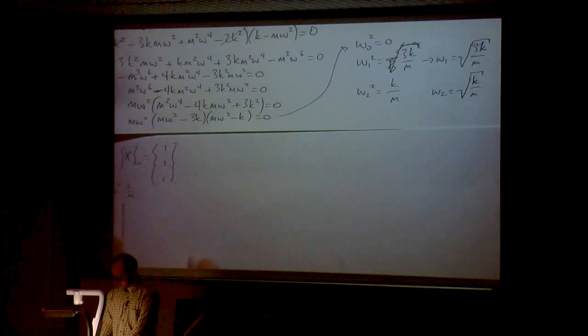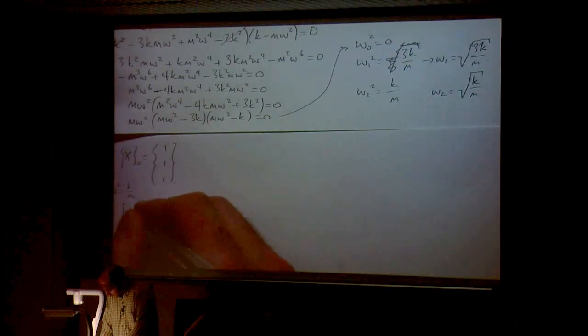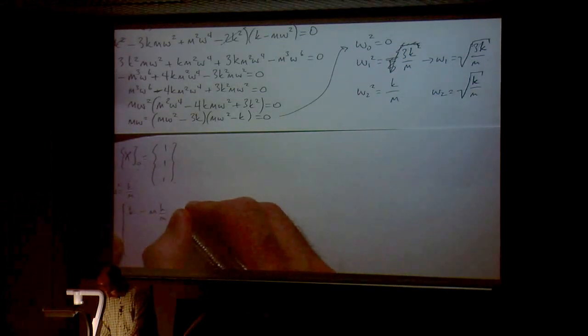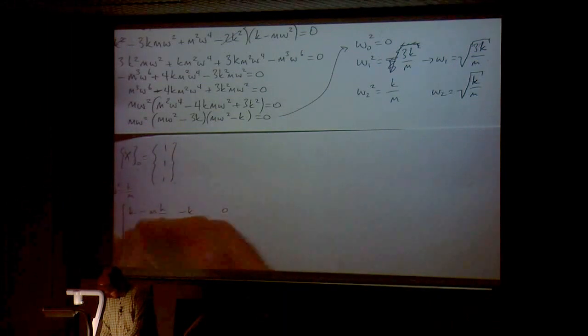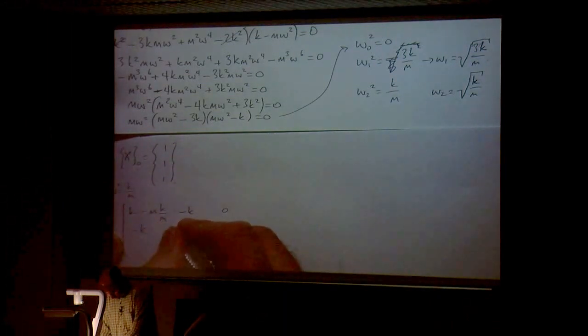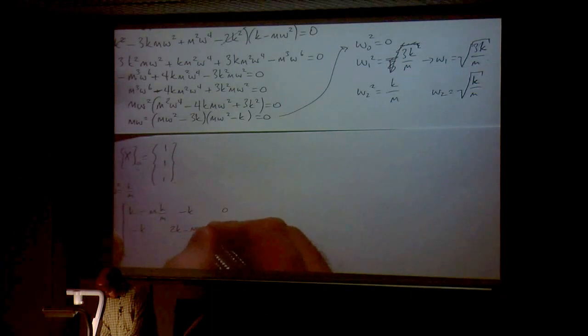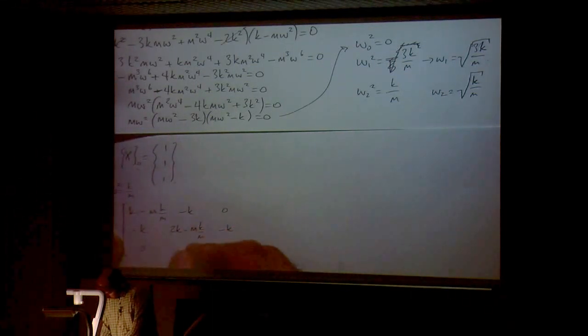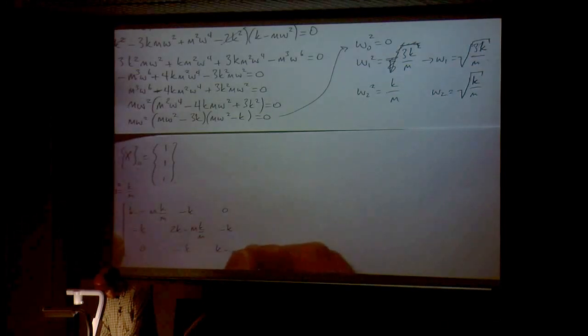So this is actually omega 2. So we've got k minus m, k upon m, minus k, 0, minus k, 2k minus m, k upon m, minus k, 0, minus k, and k minus m, k upon m.